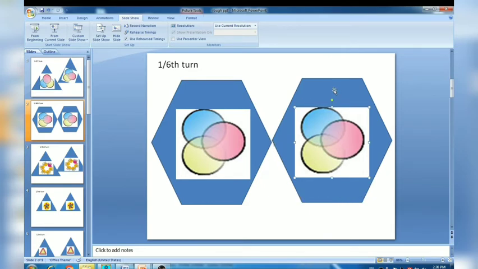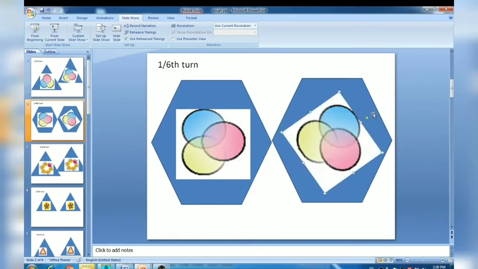I have to cover only one part because it is a 1/6 turn. That means out of 6 parts I have to cover only one part. Does it look the same?